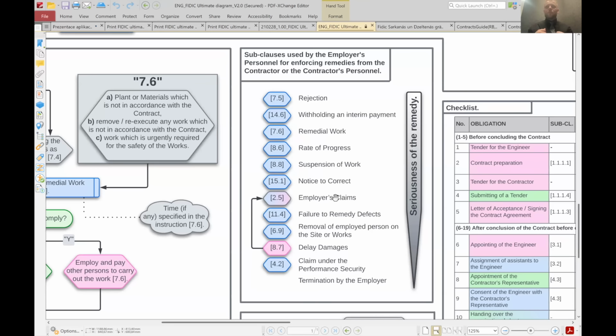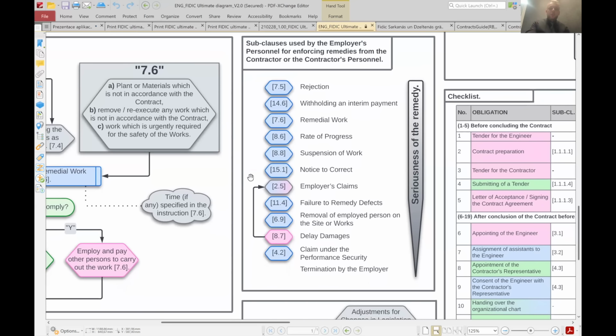But the reason why it is that low on this graph is that after the notice to correct, the employer is actually opening the possibility of project termination. So by giving notice to correct, you're opening a possibility to terminate the project altogether.